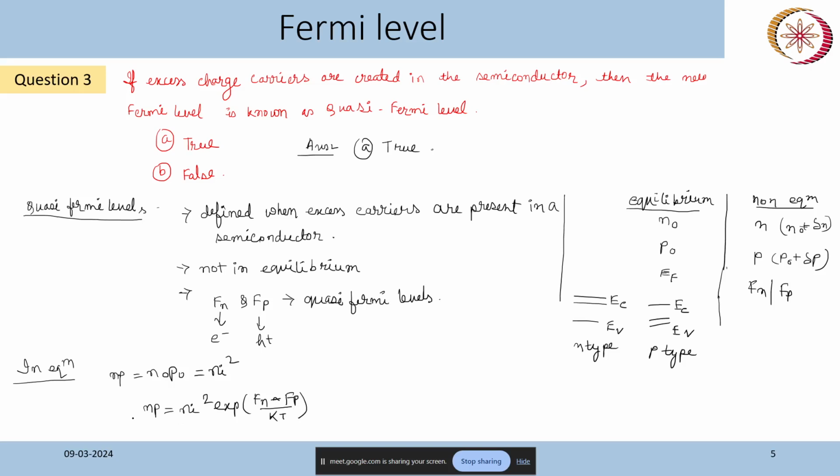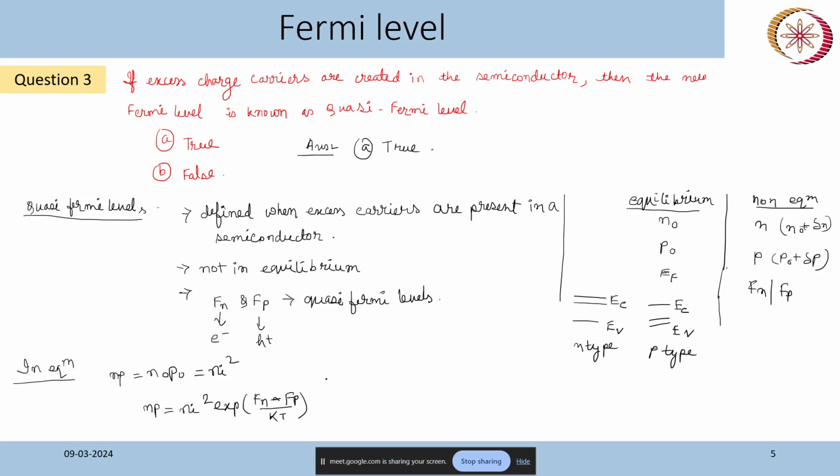As you can see, the product is not equal to Ni square, and how much it differs from the equilibrium system depends on the difference between the quasi-Fermi levels.